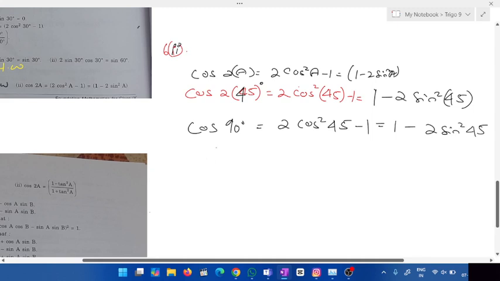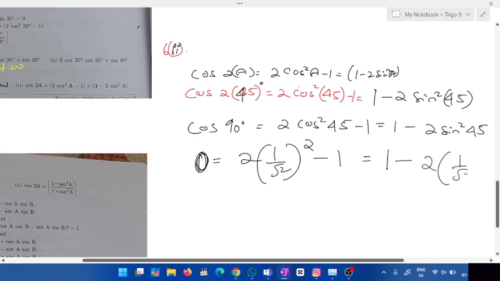What is the cos 90 value? Check the table. Sorry, 0. Cos 90 is 0. Next, cos square 45 is 1 by root 2 the whole square, equal to 1 minus 2, 1 by root 2 the whole square.